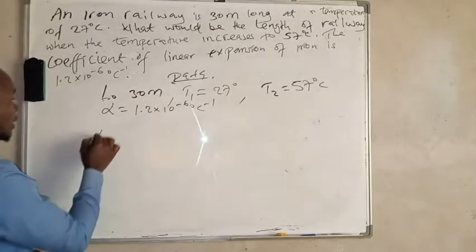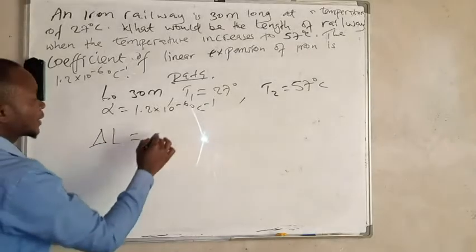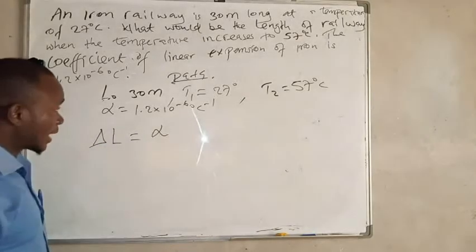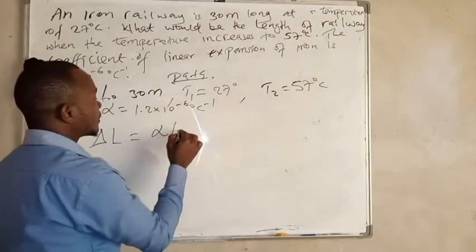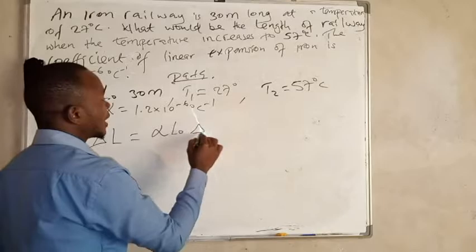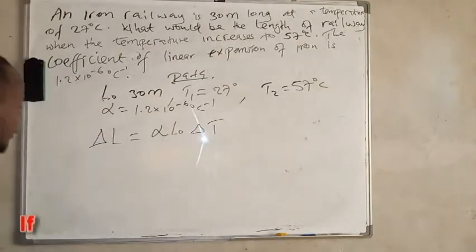So we are going to use the relation that we know, which is change in L is equal to the linear expansion coefficient times the original length times the change in temperature.